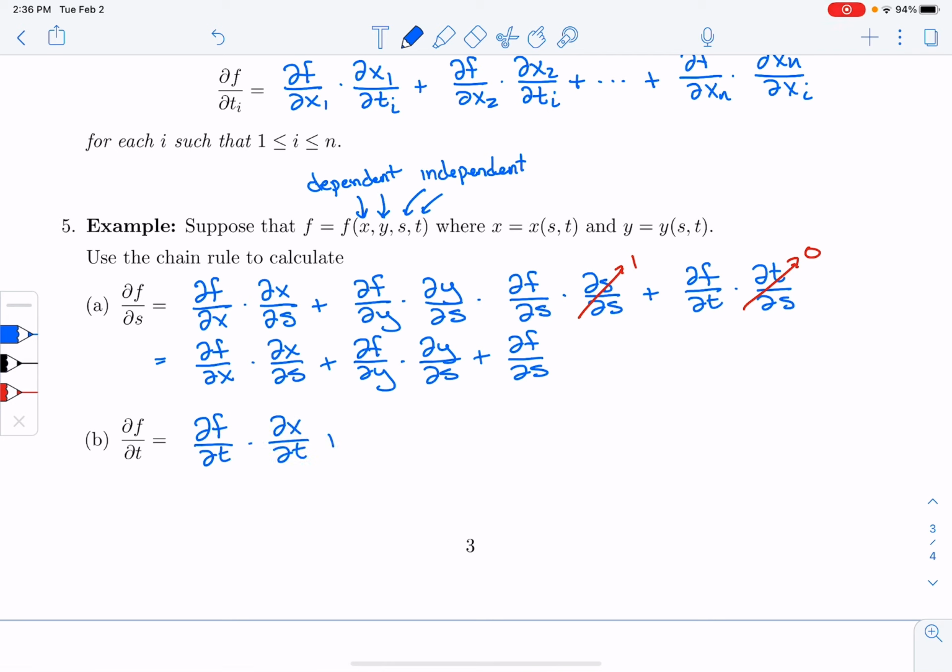And then finally, we would have df dt with dt dt, but dt ds is going to be 0. So we just have df dt. And so this is the most general expression for the chain rule and how you can take derivatives of that function f, which is a function of a mixture of dependent and independent variables.